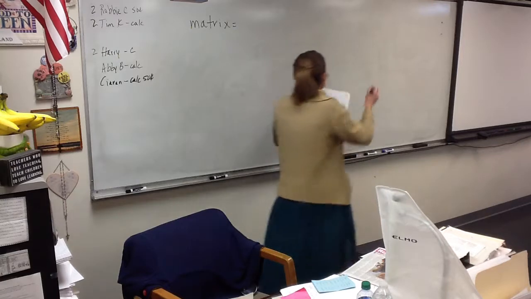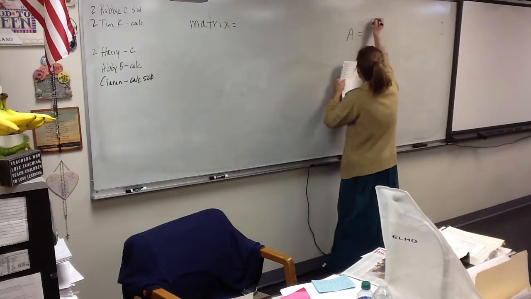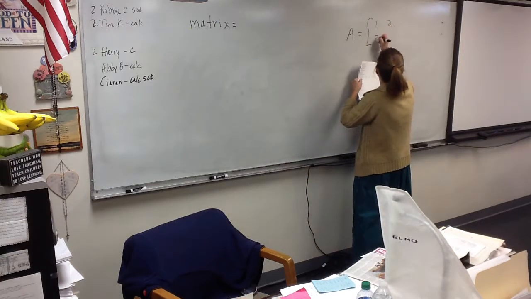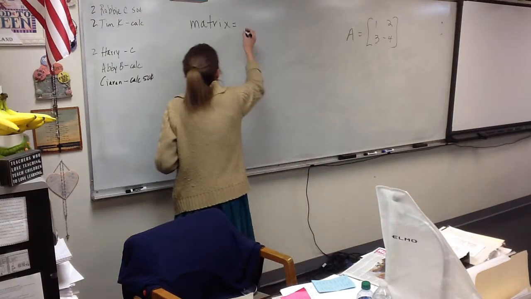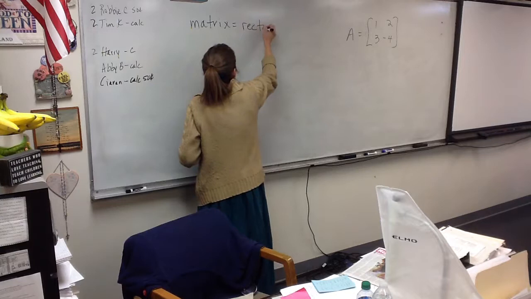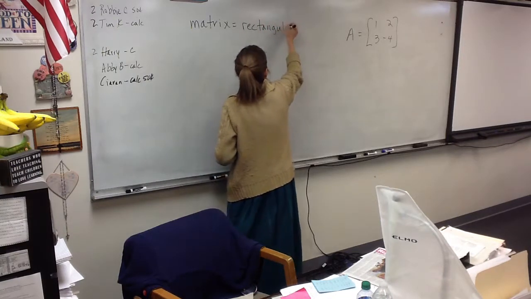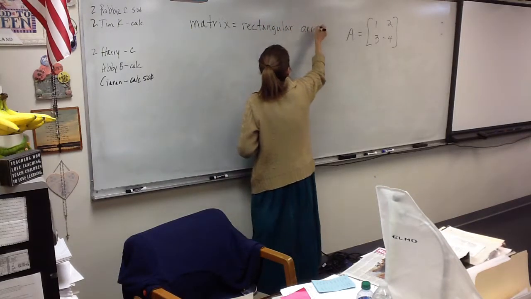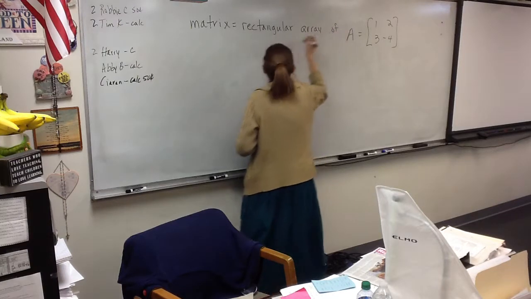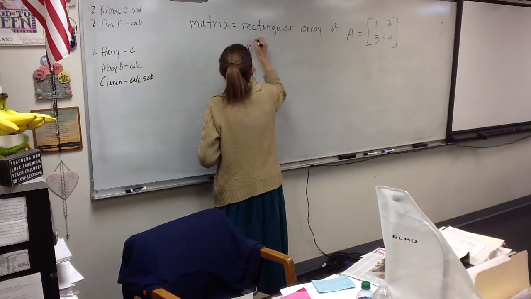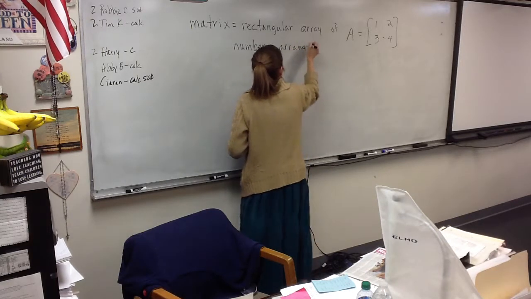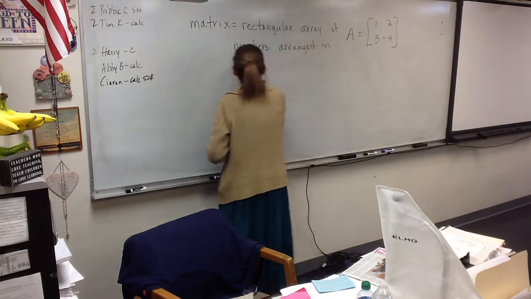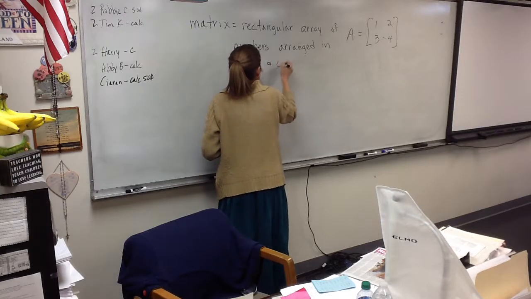You can see some matrices on the paper, like matrix A looks like this. A matrix, by definition, is a rectangular array of numbers arranged in rows and columns.